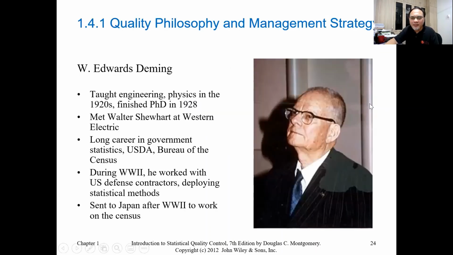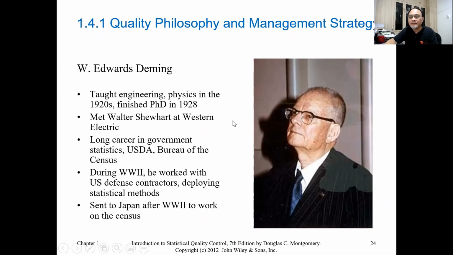Okay. So I admire Dr. Edward Deming, the quality guru for total quality management. He died at the age of 93, and right until before he died, he was still giving consultancy services, projects, or giving talks to companies and organizations in the United States, and he was a strong believer in the responsibility of management for quality.